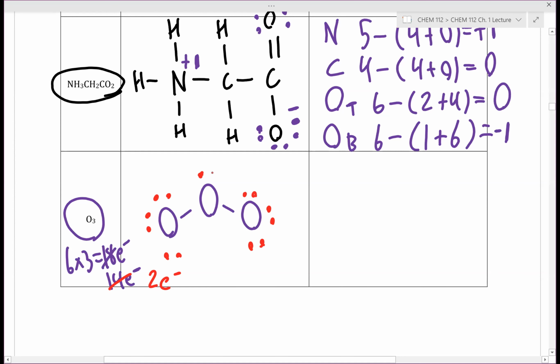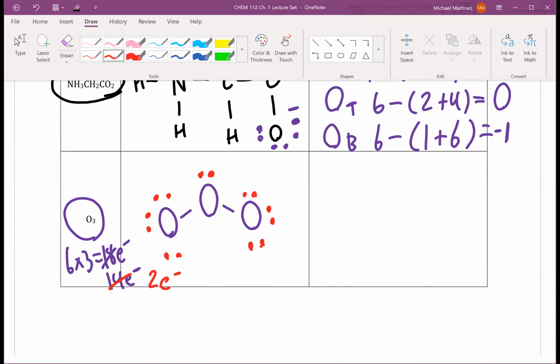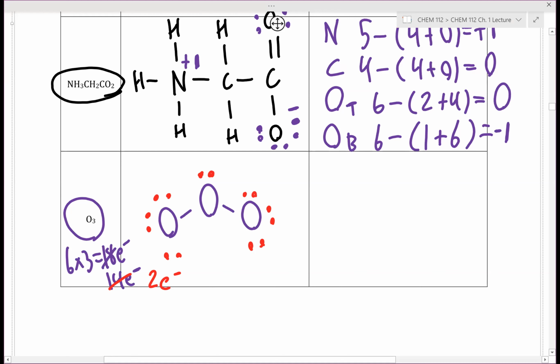Okay, perfect. Now, looking at this structure, is the octet rule fulfilled for all of our atoms? No. This middle oxygen needs how many more electrons? 2. We don't have any more electrons to give. We used up our last 2. So what we have to do is take one of these lone pairs and form a double bond.